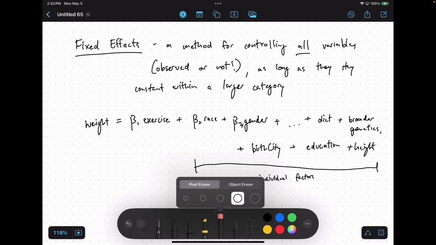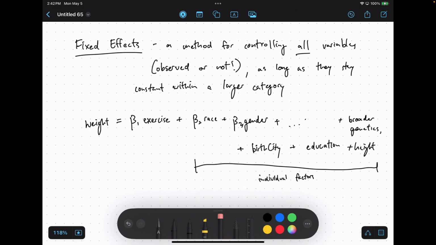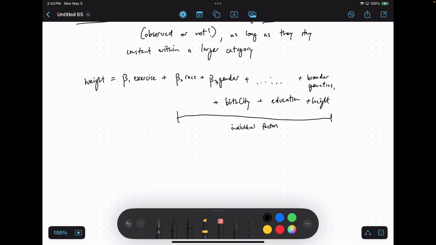I'm going to leave out diet for the purposes of this particular example. And if I were to draw a sort of causal diagram, I might have something that looks like this.